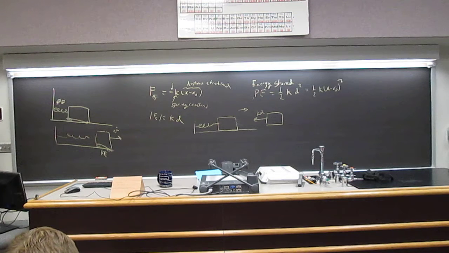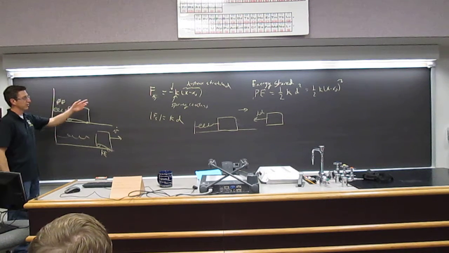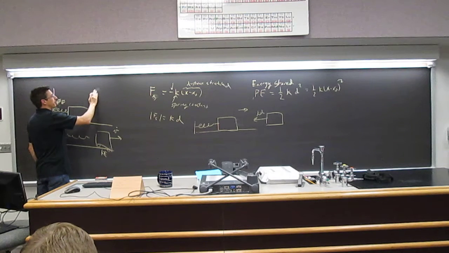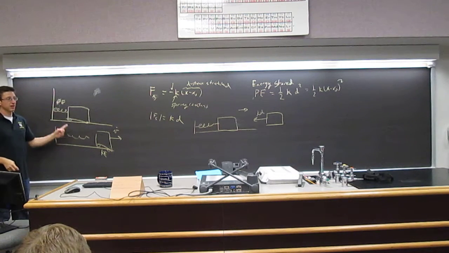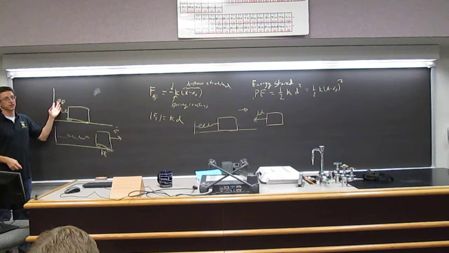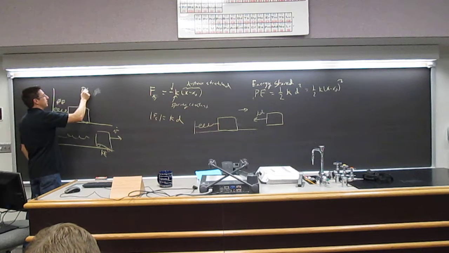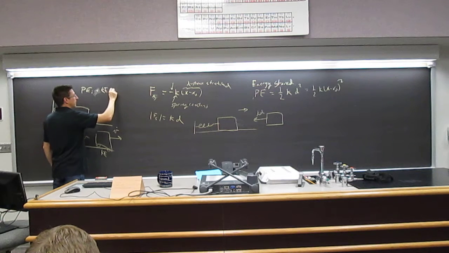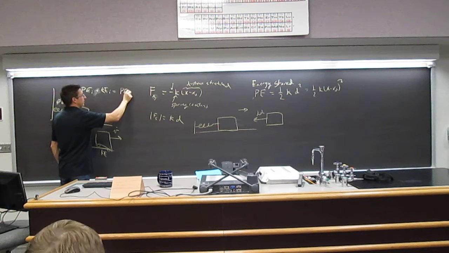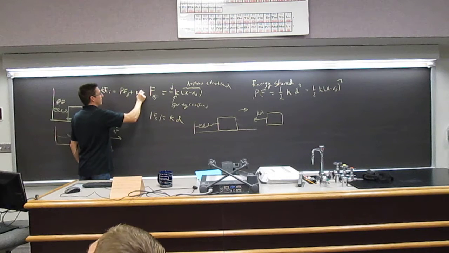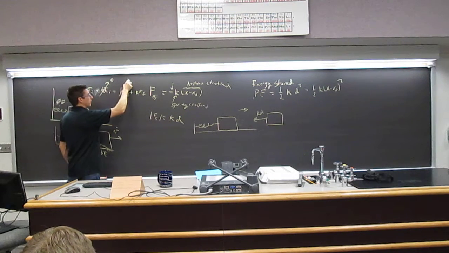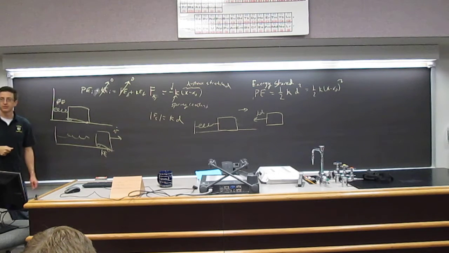From much experiment, it's been shown that the total energy stays the same if I consider the spring potential energy as a type of energy. So potential energy initial plus kinetic energy initial is equal to potential energy final plus kinetic energy final. And I have no initial kinetic energy, no final potential energy.